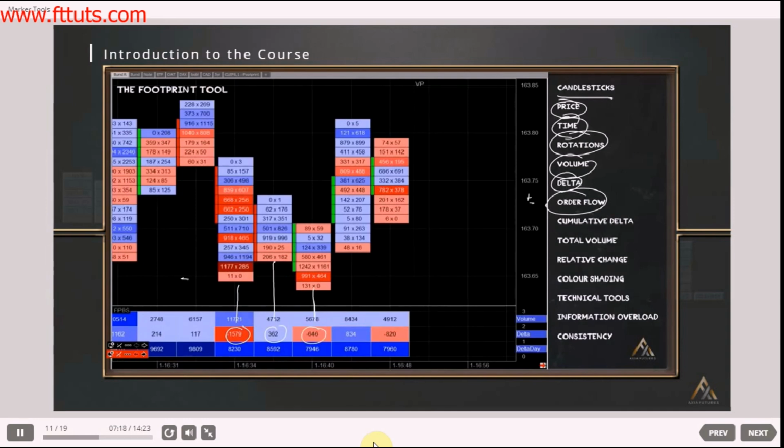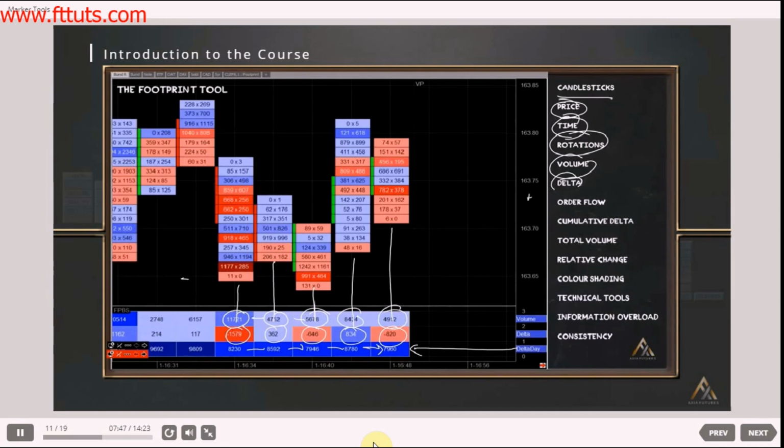If you work out the total of that delta over a period of time, you are going to get the cumulative delta on the day. And as you can see, it's a running total of the delta throughout the session. You can then also see the total volume throughout the session as mentioned earlier. Again, we can see the total volume within each rotation.